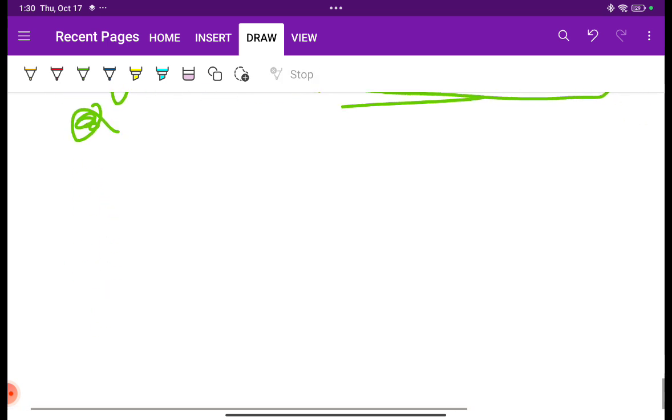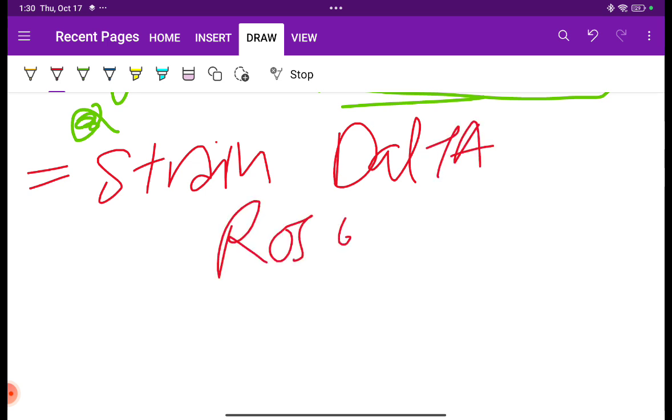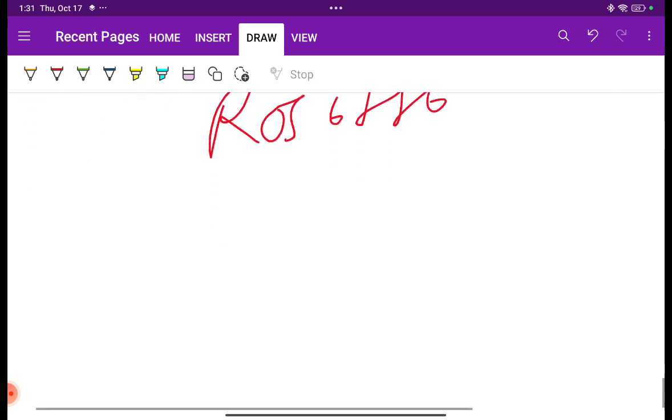Now we will talk about another strain rosette, which is called the strain delta rosette, or delta strain rosette.